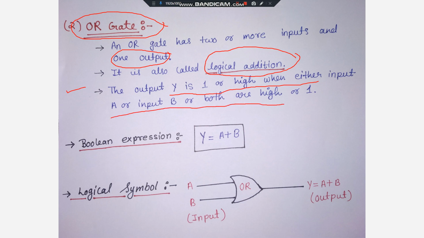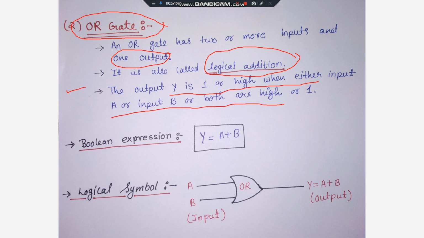That means it will produce a high output if one input is high or all the inputs are high. Otherwise we will get a low output.